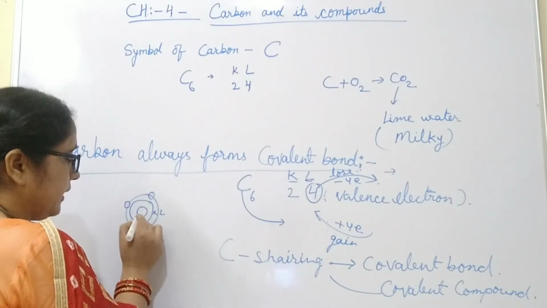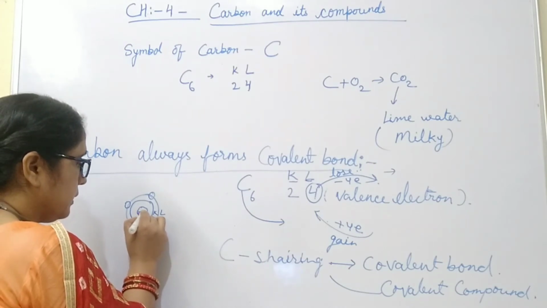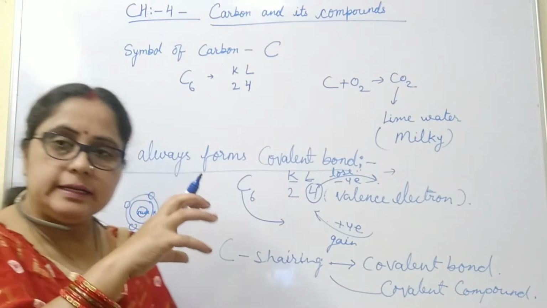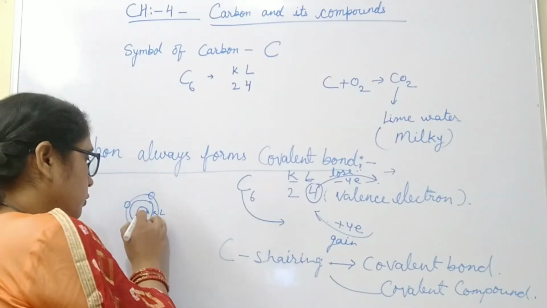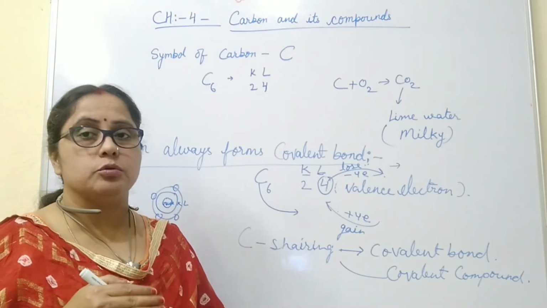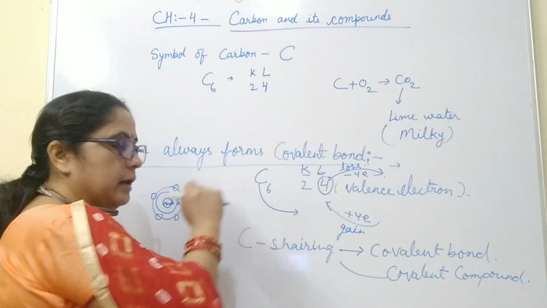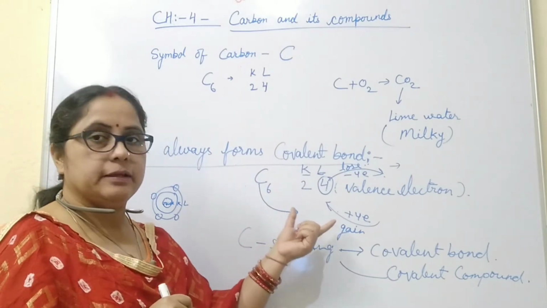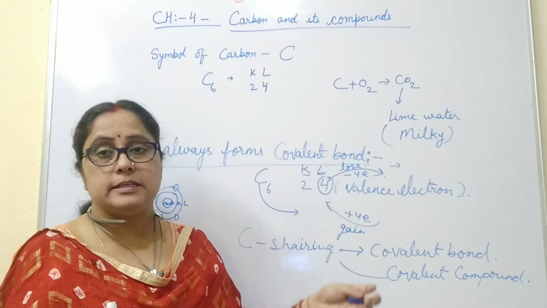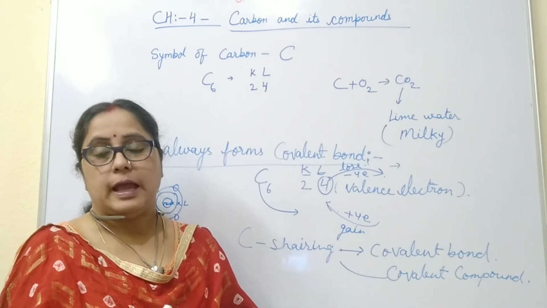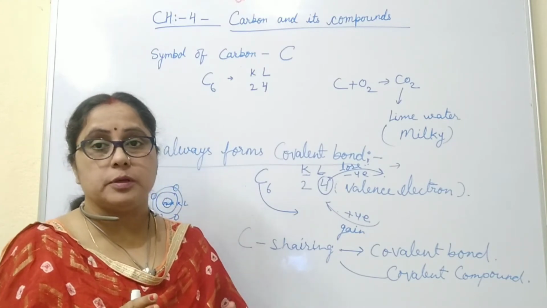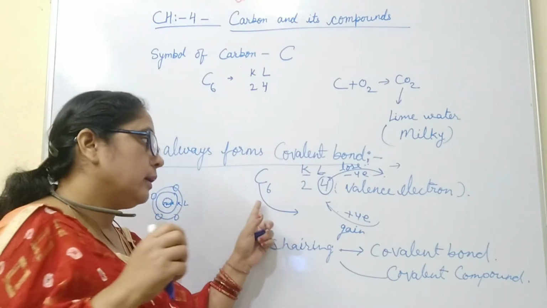These electrons are very close to the nucleus. Therefore, these valence electrons are held strongly by the nucleus by a strong force. Therefore, it is not possible for carbon to lose 4 electrons. Now, the second possibility. If it gains 4 electrons, it needs a huge amount of energy. Due to this energy problem, it is not possible for carbon to gain 4 electrons.